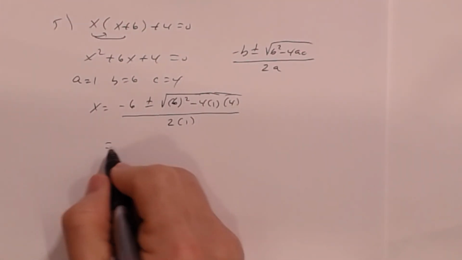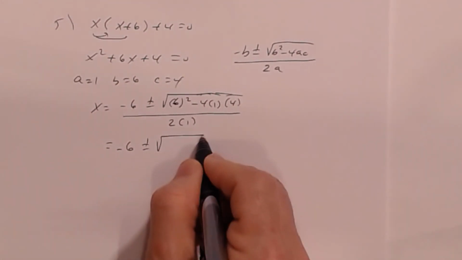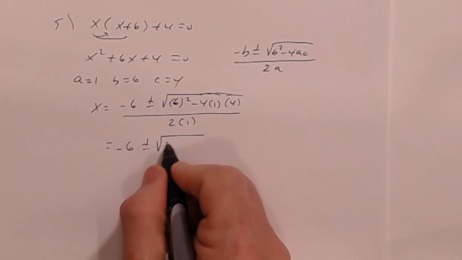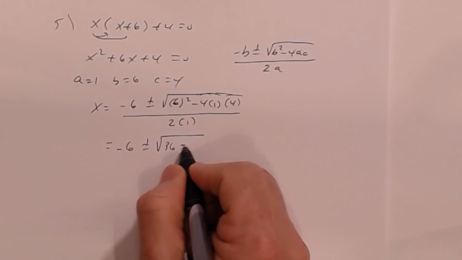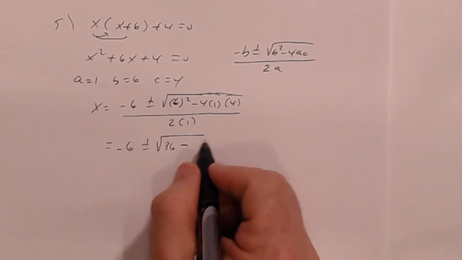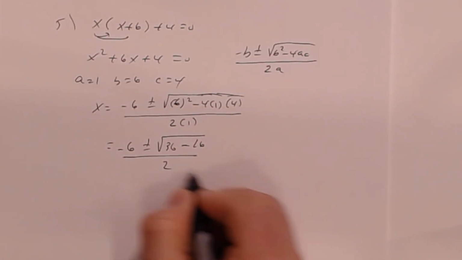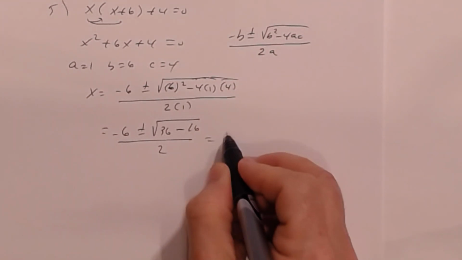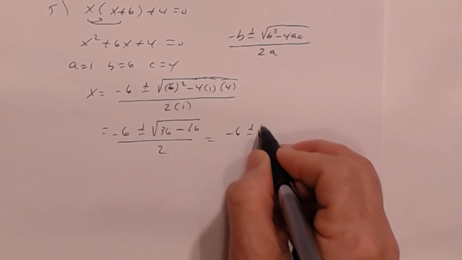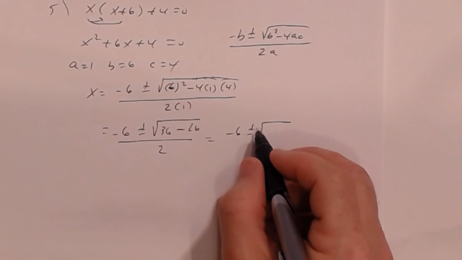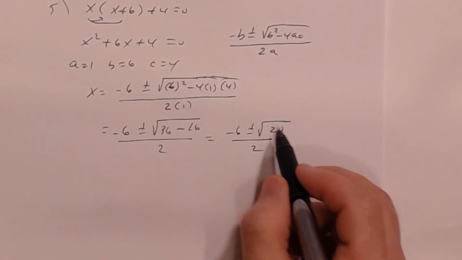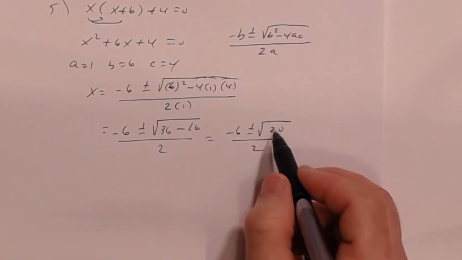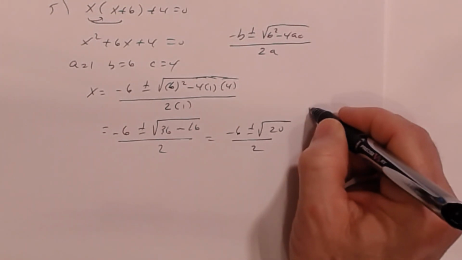And so I get negative 6 plus or minus the square root of 6 times 6, which is 36, minus 4 times 1 times 4, which is 16, all divided by 2. So I get negative 6 plus or minus the square root of 36 minus 16, which is 20, all divided by 2. All right, now notice the 20 is not a perfect square, so I'm going to end up with 2.